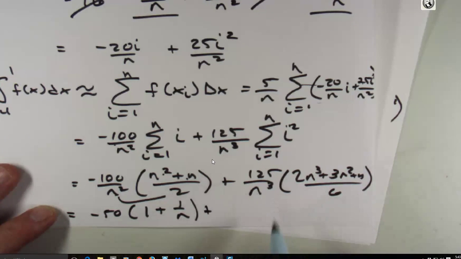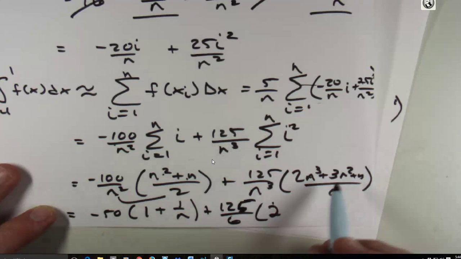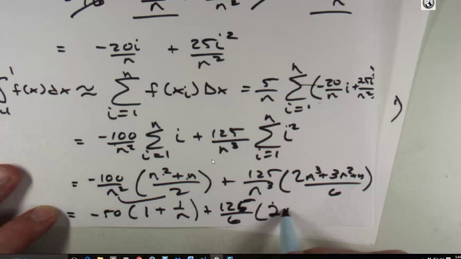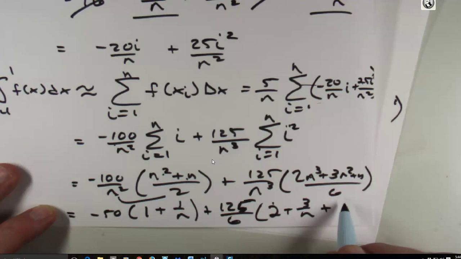Plus 25 sixths, that's 2, because n cubed over n cubed is just going to be 1, so there's a 2 there. 3n squared over n cubed is 3 over n, plus 1 over n squared.